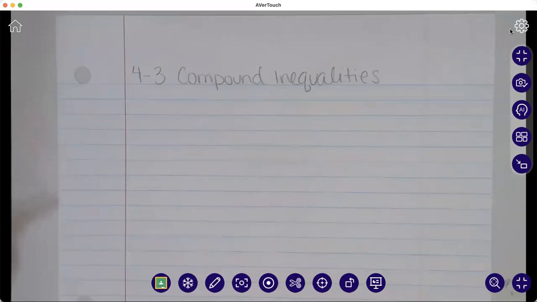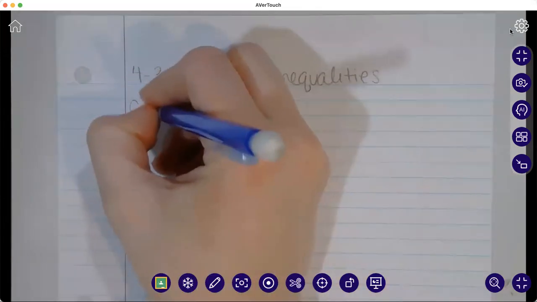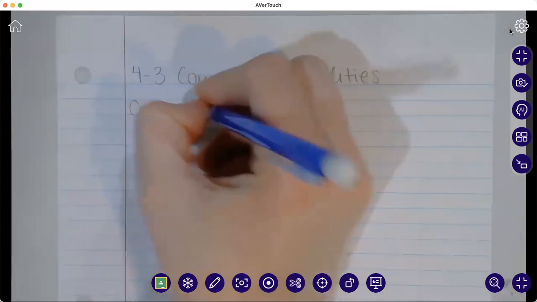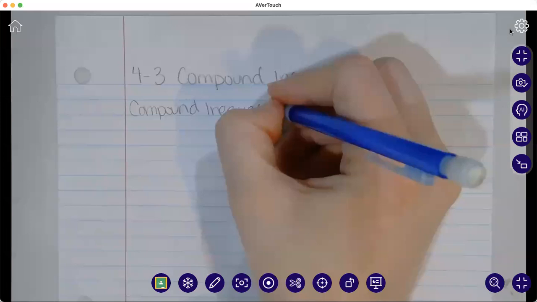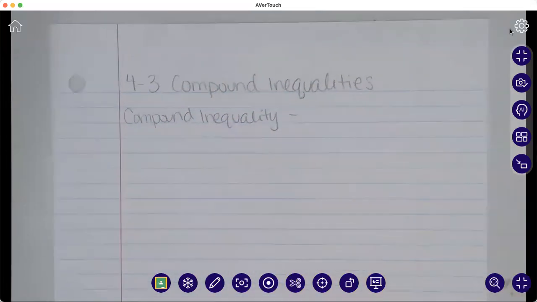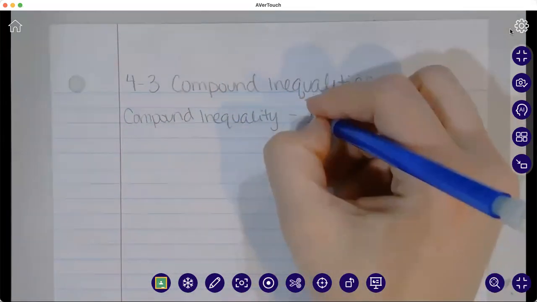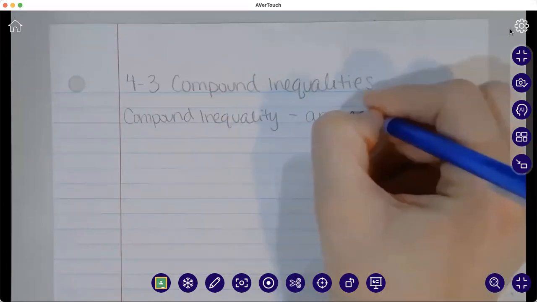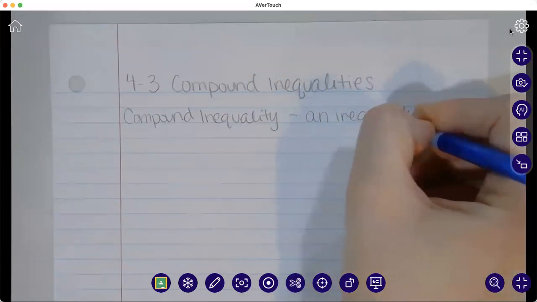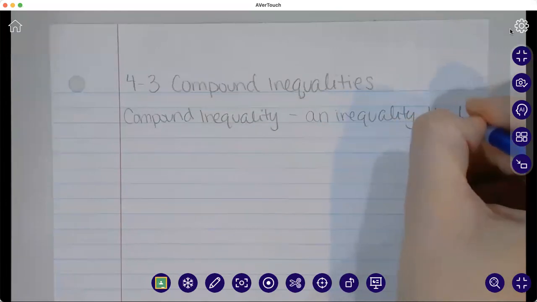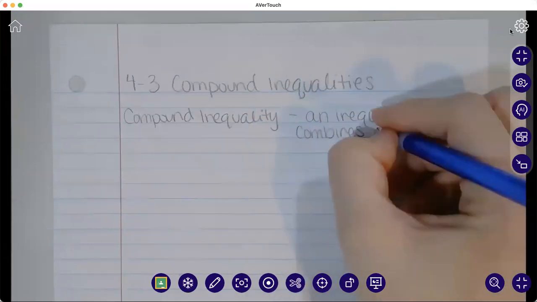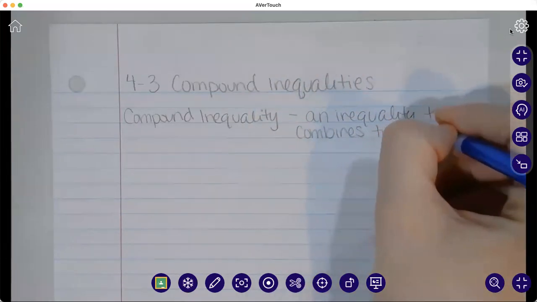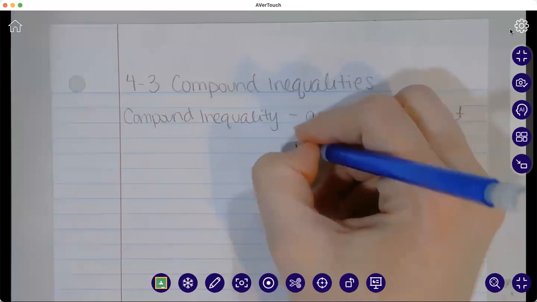Today we're going to be talking about compound inequalities. So the first thing we're going to do is define what is a compound inequality. Much like the word compound implies, it is an inequality that combines two simple inequalities.